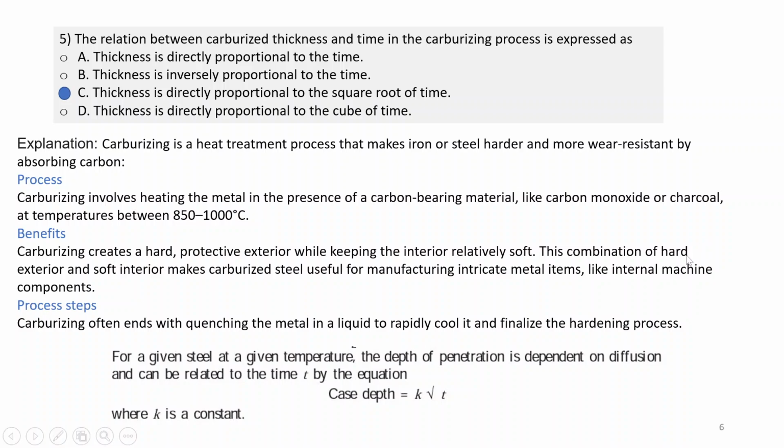This combination of hard exterior and soft interior makes carburized steel useful for manufacturing intricate metal items like internal machine components. Process steps: carburizing often ends with quenching the metal in a liquid to rapidly cool it and then finalize the hardening process.